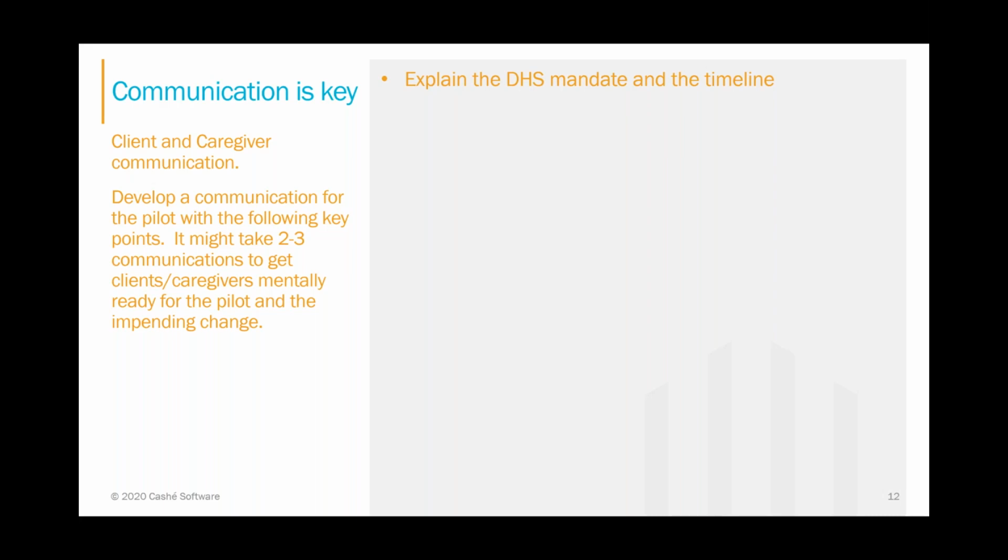It's going to take 2, 3, 4 times to communicate so that you can get them prepared mentally to go through the pilot process. First of all, explain the DHS mandate and timeline. They need to understand how much time we have and what we're trying to do here, and that this is not something you can keep pushing off.